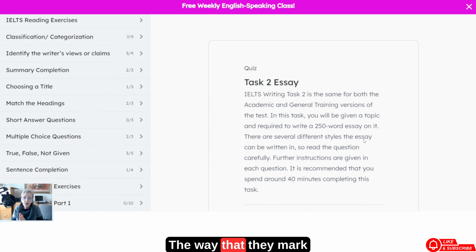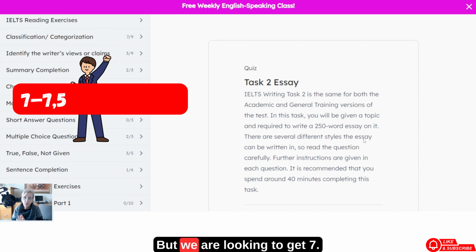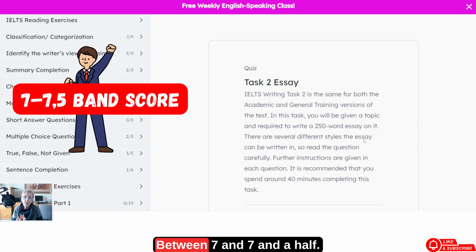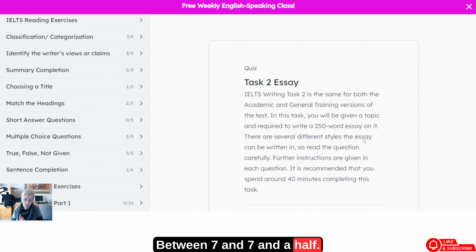The way that they mark these essays is 0 to 9, so you cannot fail, but we are looking to get 7, between 7 and 7.5. And so you need to be conscious of organizing, creating a structure for your essay, that it flows logically from one point to another. You need to pay particular attention to your grammar and your vocabulary, because if you spell words wrong, you will lose points for that.